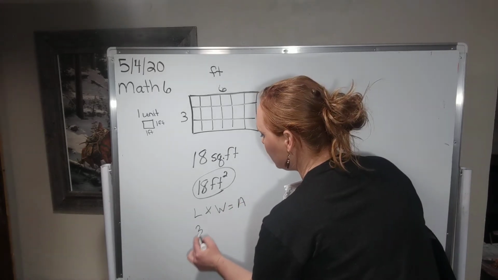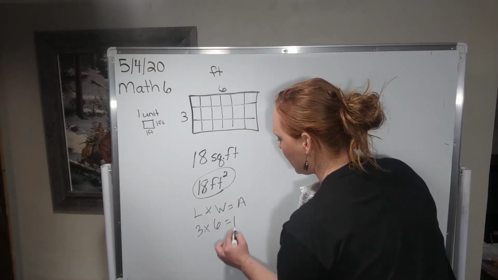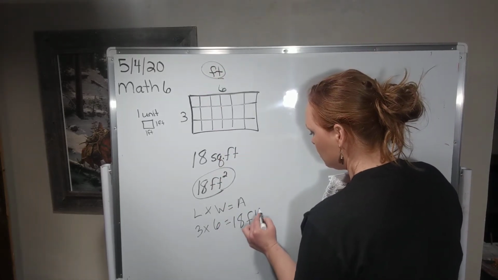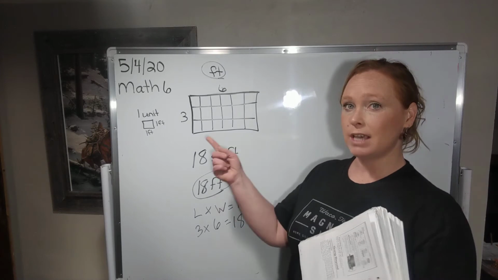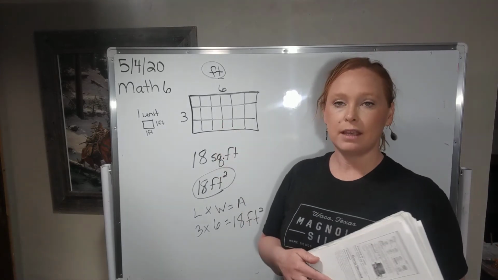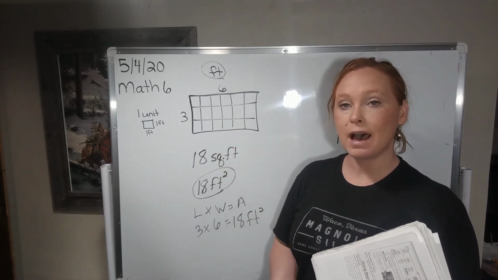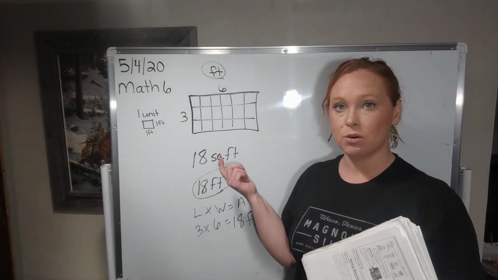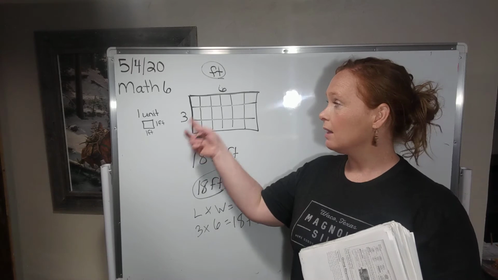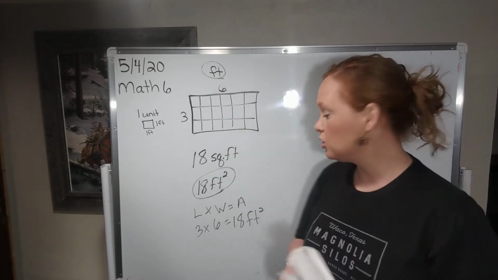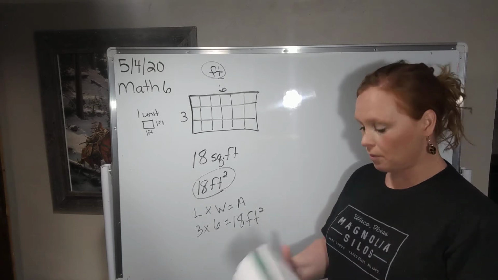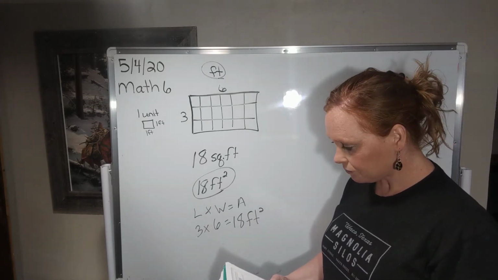So 3 times 6 equals 18. Use my unit of feet squared. So I don't actually have to see the boxes on the inside to be able to find the area. So the area of any square or rectangle is the length times the width. Okay, but make sure that you square the unit. It's really important and an important part of your answer.